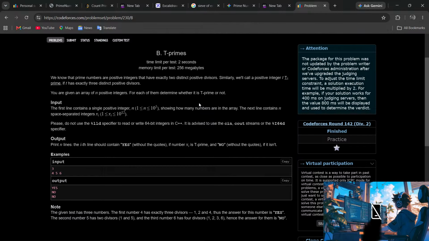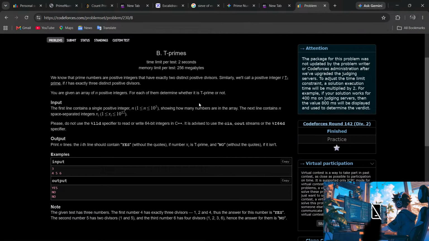So the t prime is the number which has three distinct divisors.